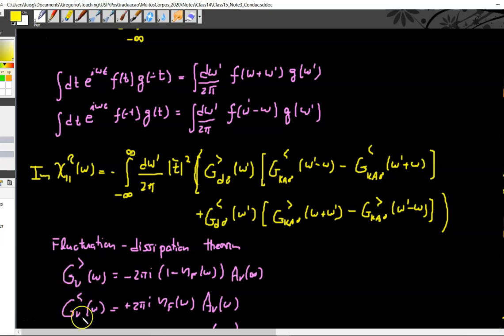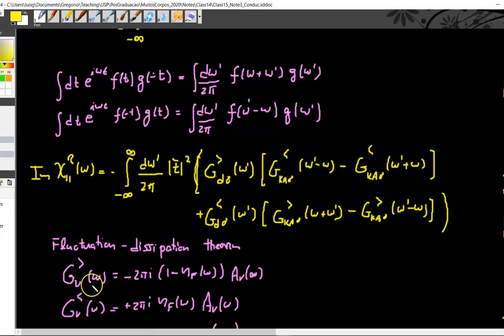G lesser, that's the one that we saw in class. G lesser of omega is 2 pi i, the Fermi distribution, times the spectral function, the minus 1 over pi of the imaginary part of the retarded Green functions associated with this operator C nu.